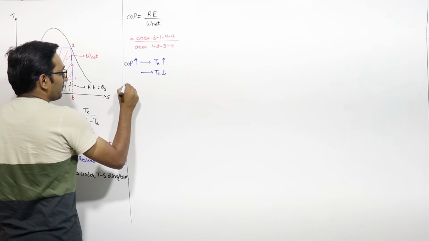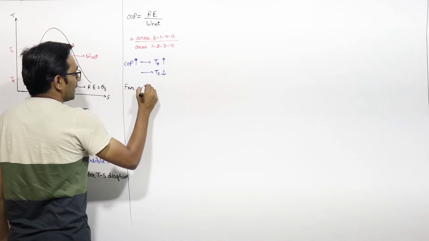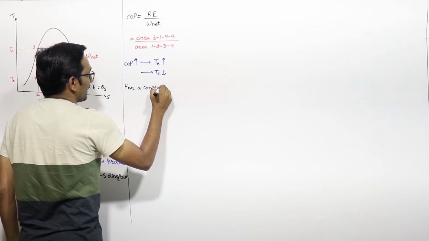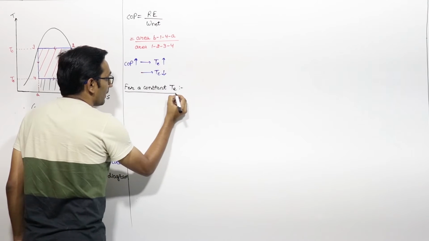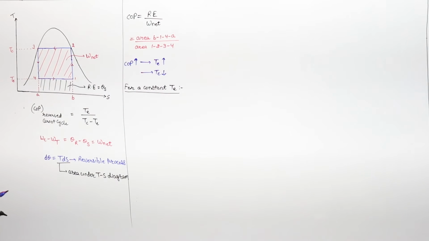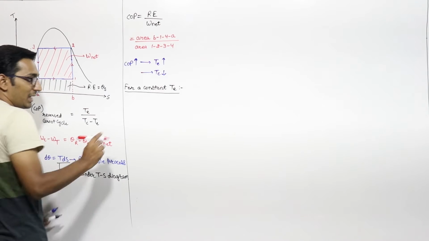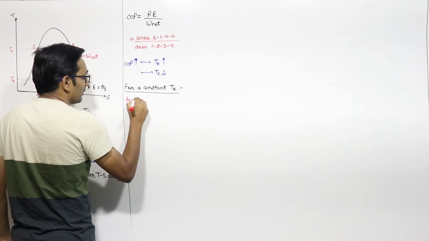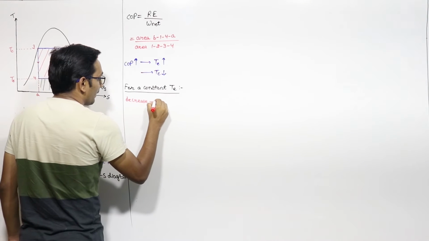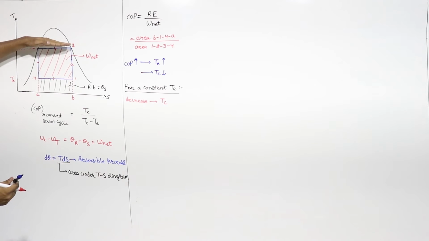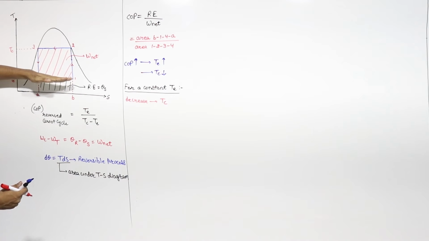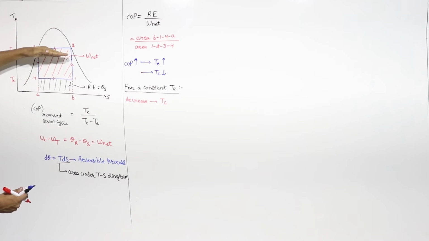First of all, let us say that for a constant evaporation temperature, if we put this evaporation temperature constant, and we will decrease the condenser temperature. This will remain here. This condenser temperature will decrease.